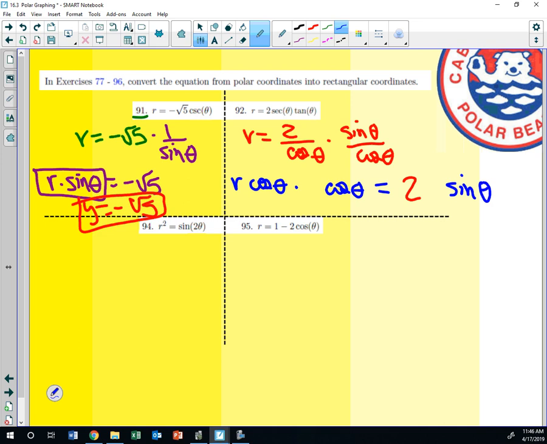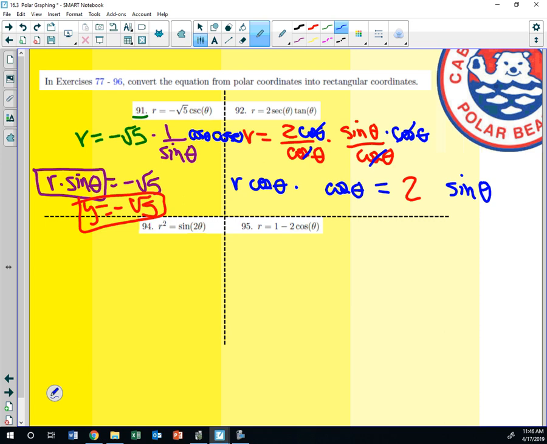So far so good? So I multiply both sides by cosine, and the cosine times cosine will cancel out, right?